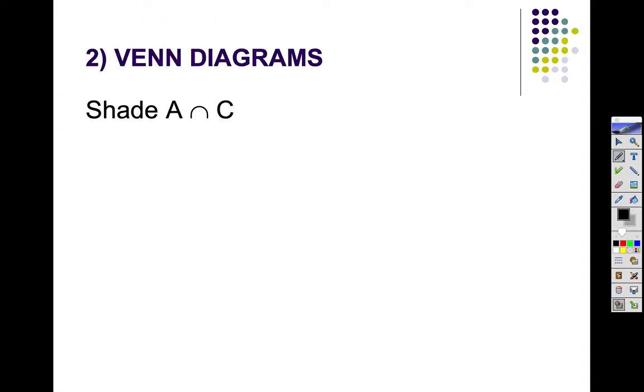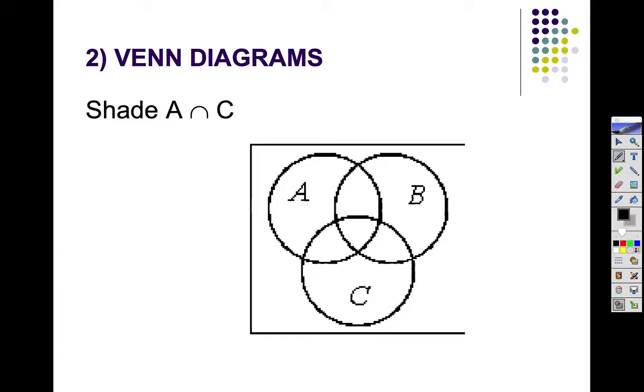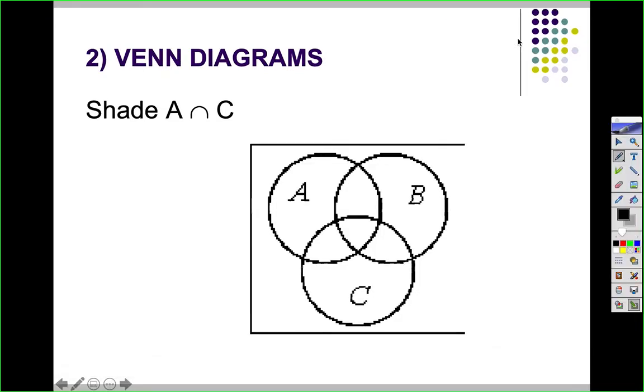Next, we are going to look at this with 3 circles. I told you this was coming, so we absolutely can do 3 circle Venn diagrams. There is still a universal set out here, and what we're going to do is look at just A intersect C. The biggest thing to remember is if the instructions don't mention set B at all, then it does not matter at all.